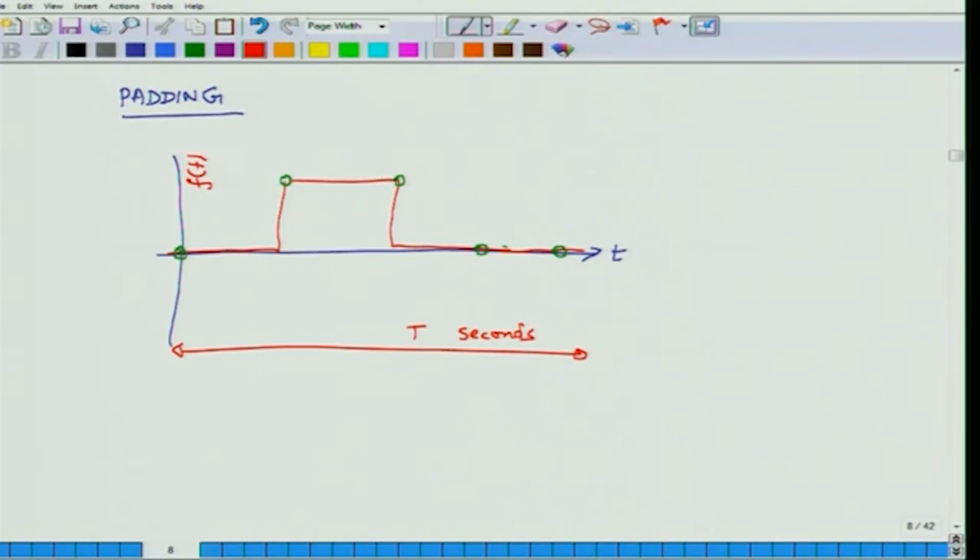So then, how many samples do I have? 1, 2, 3, 4. My sampling frequency is how much? 4 samples in T seconds, right? Then the maximum possible frequency which I will get will be what?